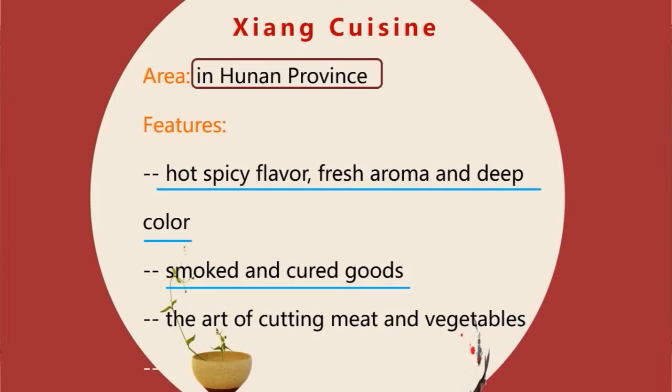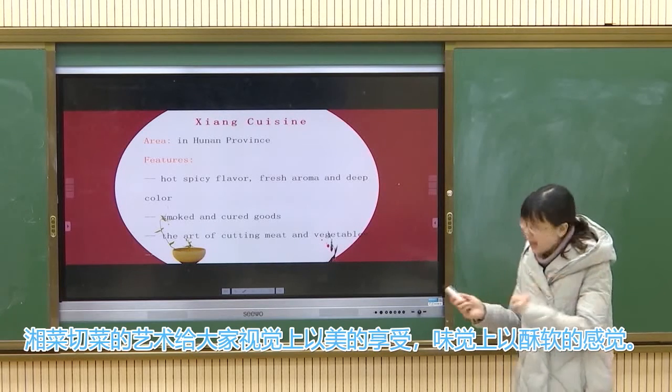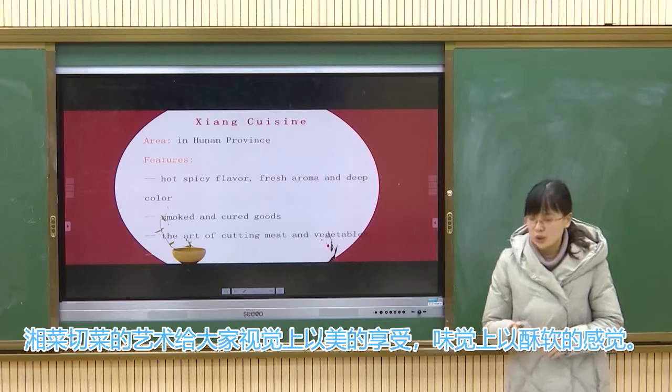There is another feature of Xiang cuisine, that is the art of cutting meat and vegetables, pleases the eyes of people and enhances the tenderness of the dishes.